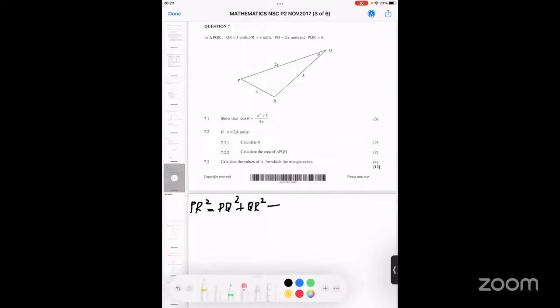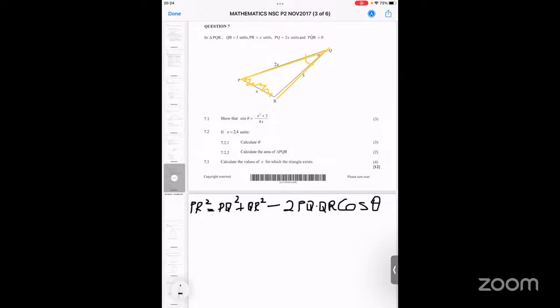I was just writing the formula that is PR squared. Remember, what I explained was that when it comes to the cosine rule, for you to find this side, which is opposite that angle, you must have this side and also that side. So that's what I'm formulating there, and I'm hoping it will therefore be 2 PQ multiplied with QR, then cos of an angle.